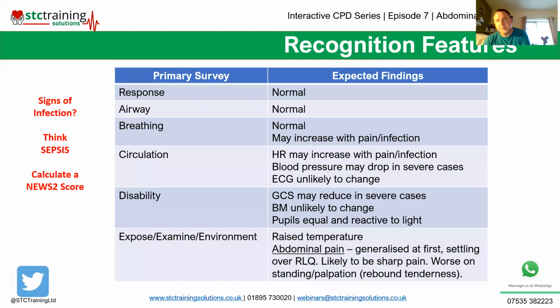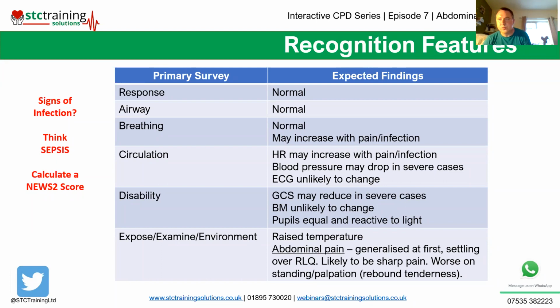GCS, the Glasgow Coma Scale, level of consciousness, is unlikely to have changed much in the early stages, but as patients develop complications of the disease, GCS can, of course, drop. Blood sugar is unlikely to change that much. Actually, in healthy non-diabetic patients, you see a slight rise in infection, but it's unlikely to be that noticeable.